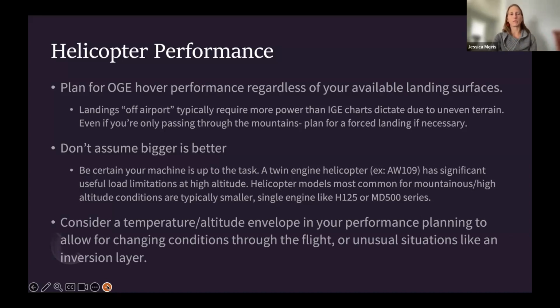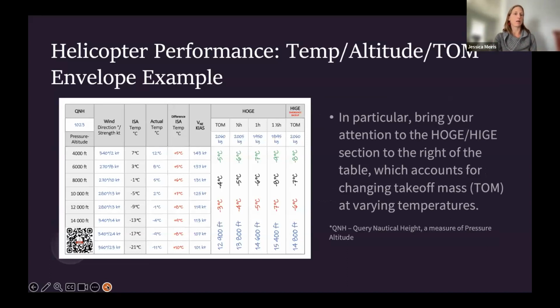When you're doing performance planning, one approach is to consider a temperature and altitude envelope within your performance plan, rather than a hover ceiling that's fixed with weight and temperature. Especially if you're thinking a multi-hour trip through mountainous environments, those conditions are going to change. Here's an example of that envelope I was talking about.